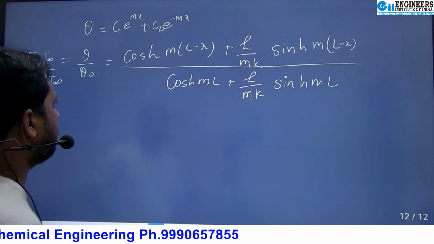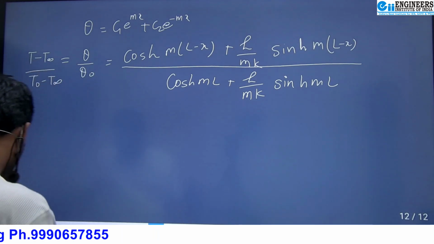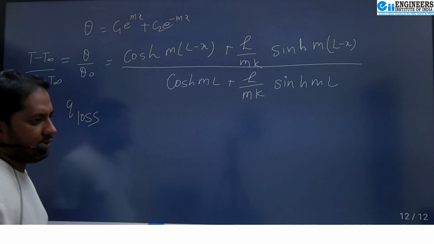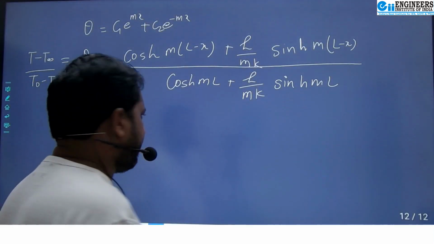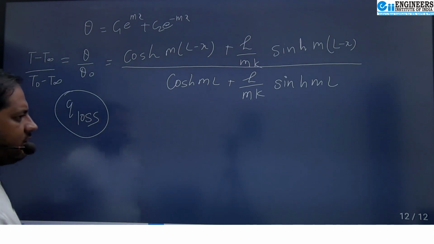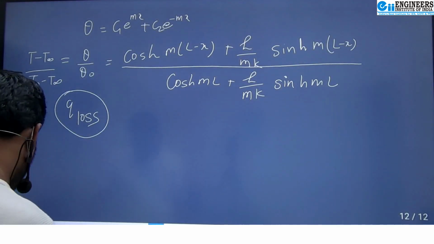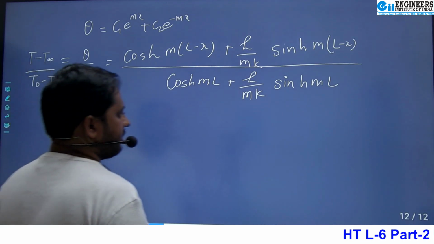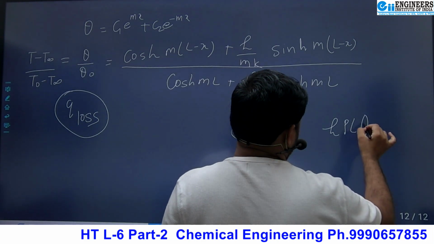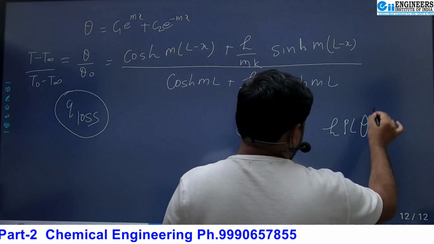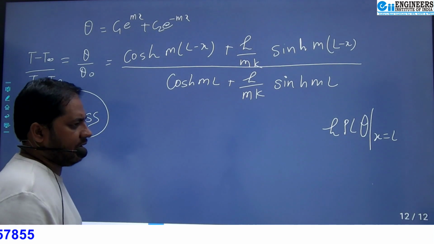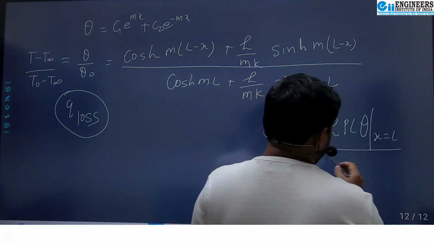So see how complicated this is. Now if you find out Q loss by the fin, there are two methods to find Q loss. One way is to find Q loss at the end of the fin, that is simply you can calculate hP times theta at x equal to L, because whatever heat is conducted is just lost at the end of the fin by convection.